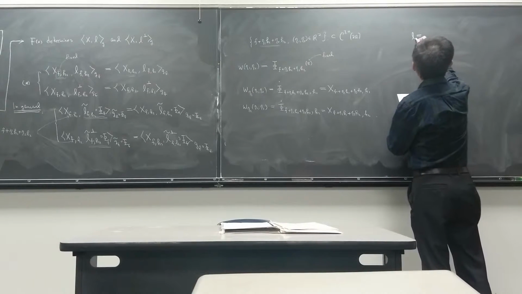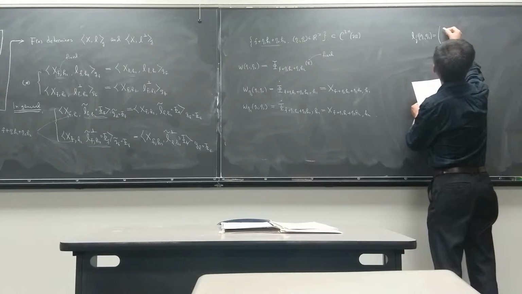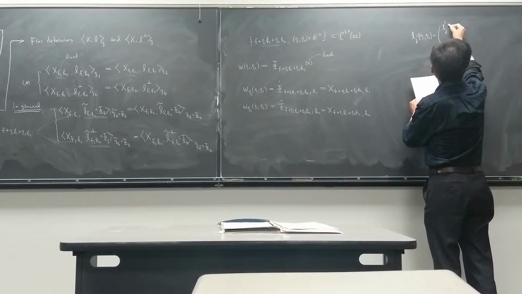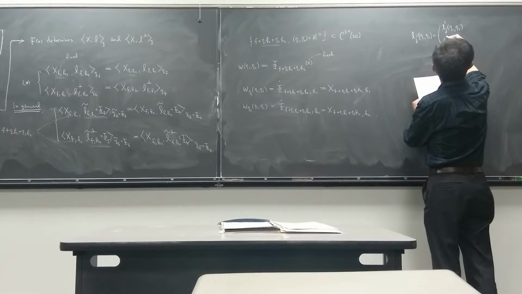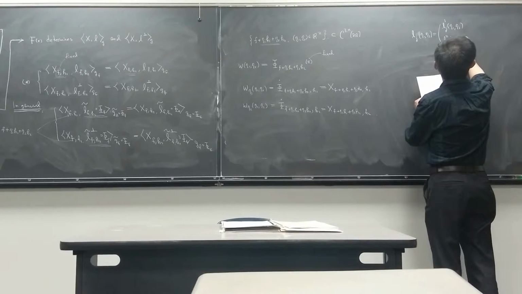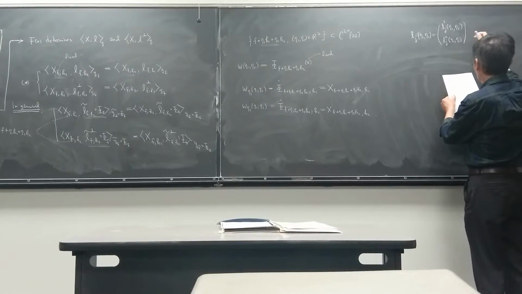So Lj, eta 1 and eta 2, equals Lj1 eta 1, eta 2 Lj2 eta 1. So each L has two components. If you write this out, it has two components.